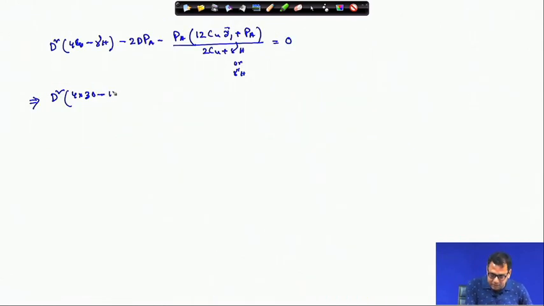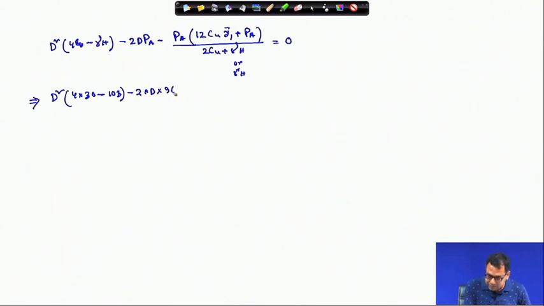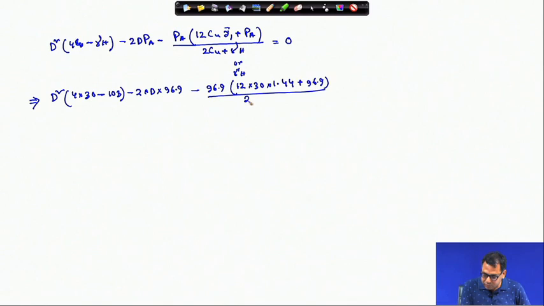So, this is 103, minus 2 into d, PA is 96.9 kilonewton per meter, minus 96.9 into 12 into 30, y1 bar is 1.44, plus 96.9 divided by 2 into 30 plus gamma dash h is 103, that is equal to 0.